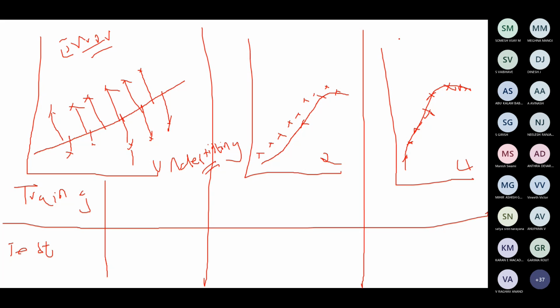This kind of concept, where you overfit the points, is called overfitting, where there is no error. The accuracy is highest in training. Is it clear, students? So that is overfitting and underfitting.